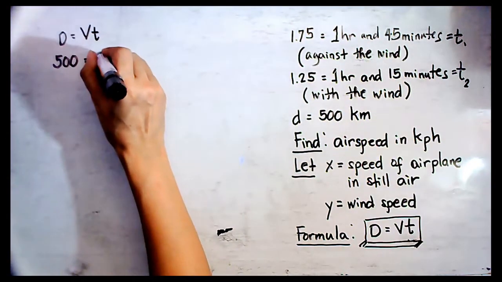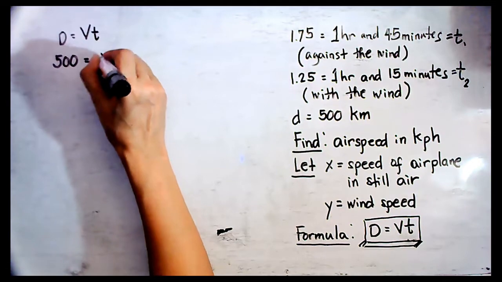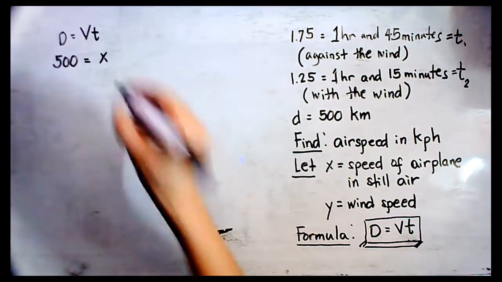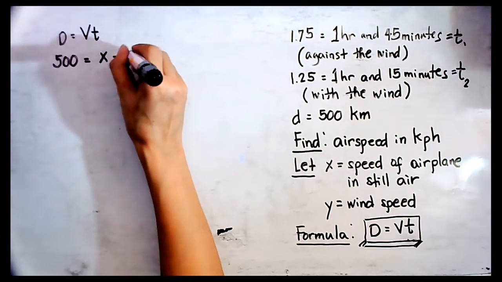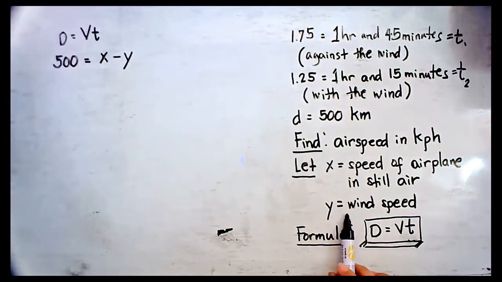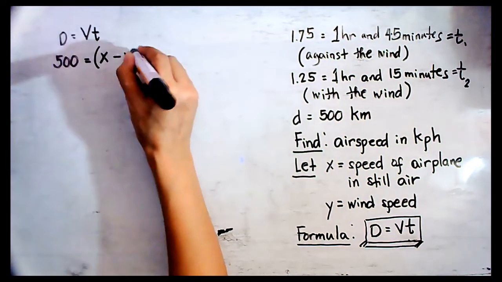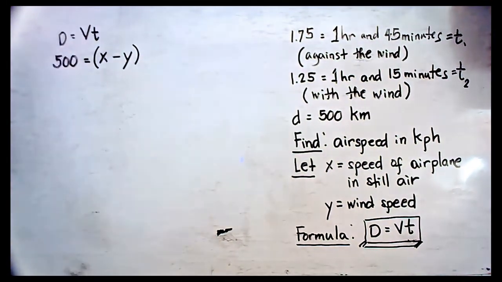So ibig sabihin, yung velocity natin na gagamitin will be yung speed ng airplane in still air, then bawasan natin yung speed ng air or ng wind, yung wind speed. Okay, that is x minus y.